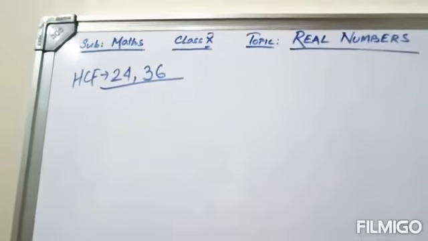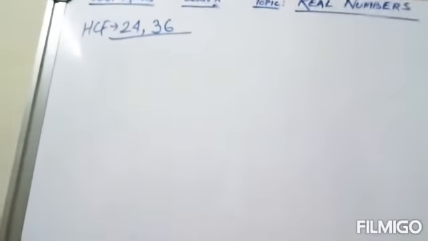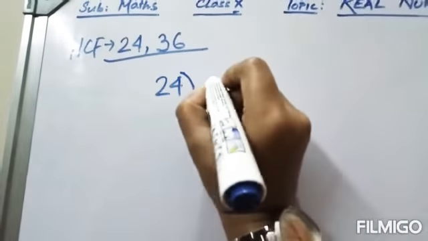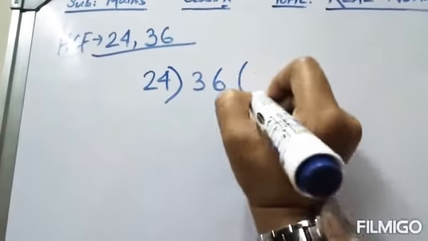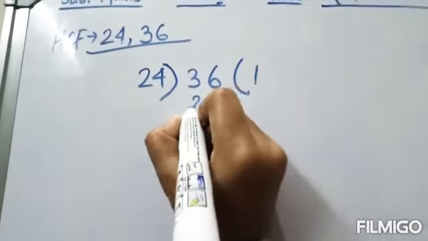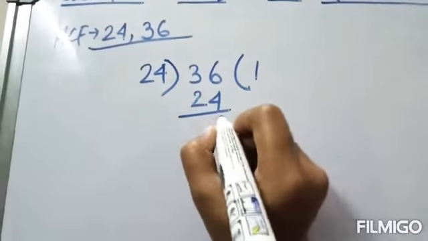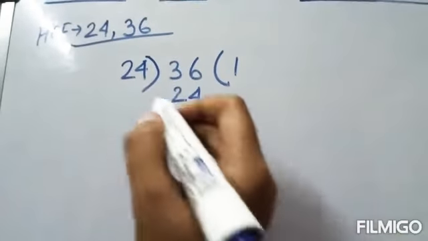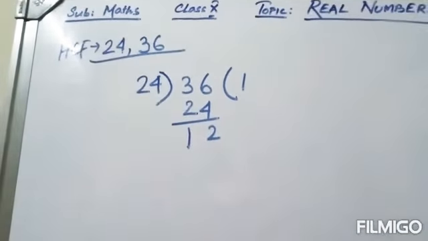Previously you would take 36 and divide by 24. 24 ones are 24, 12 comes as remainder. You see, remainder is less than 24, right?